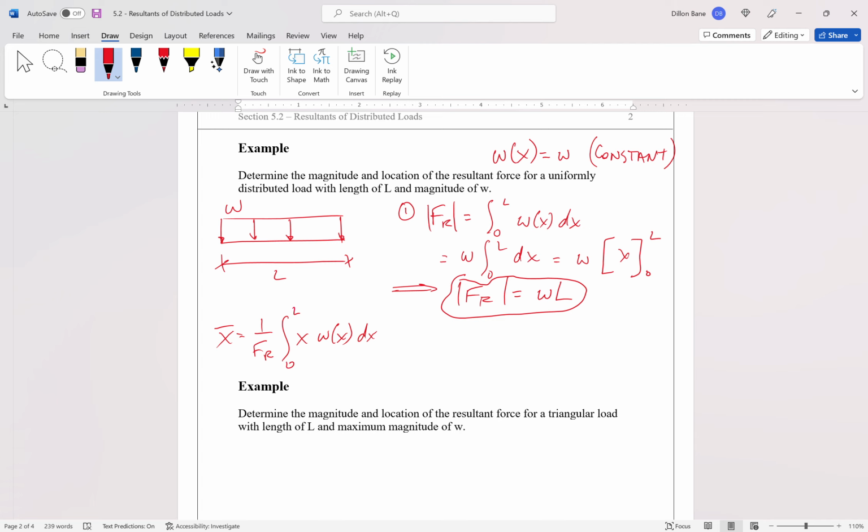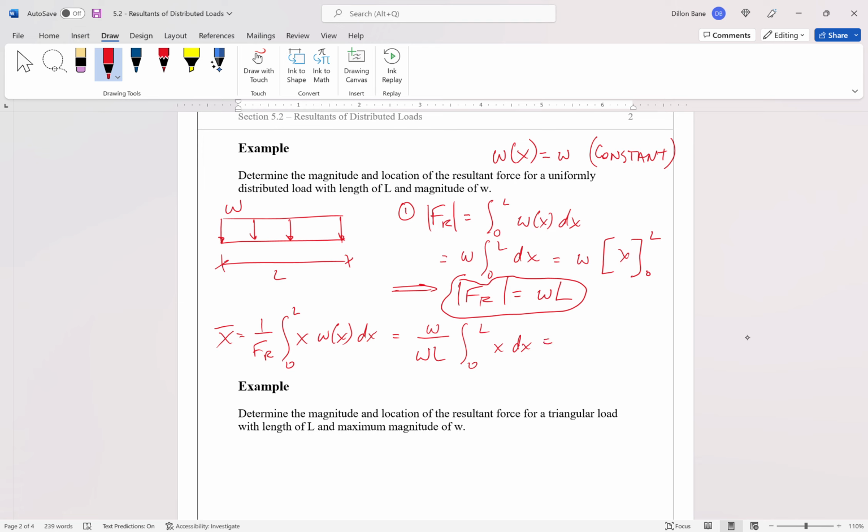We've already figured out what Fr is, correct? Fr is just w times L. And we know that w(x) is just w, it's just a constant. So we can pull that constant w out. We'll have w over wL for Fr, integrated from 0 to L of x dx, right?